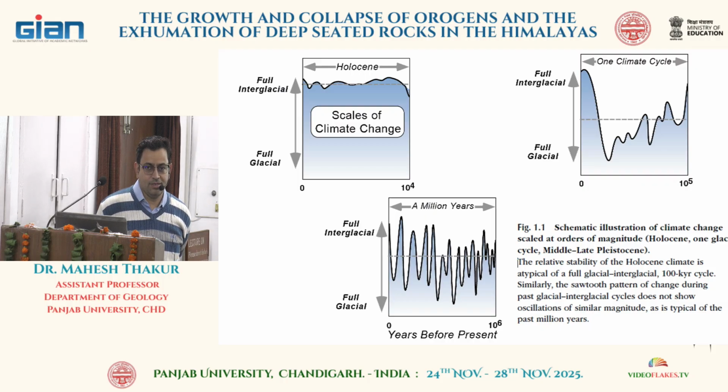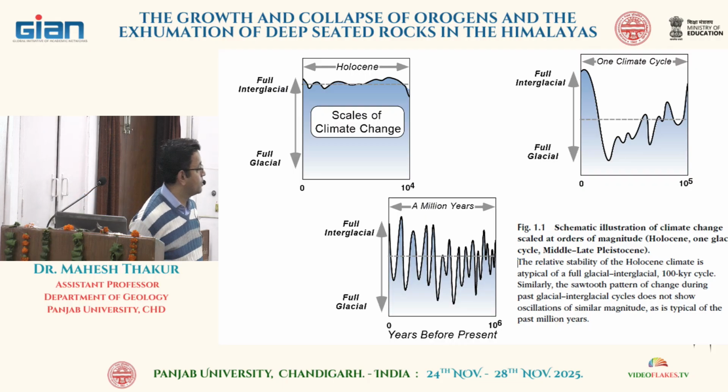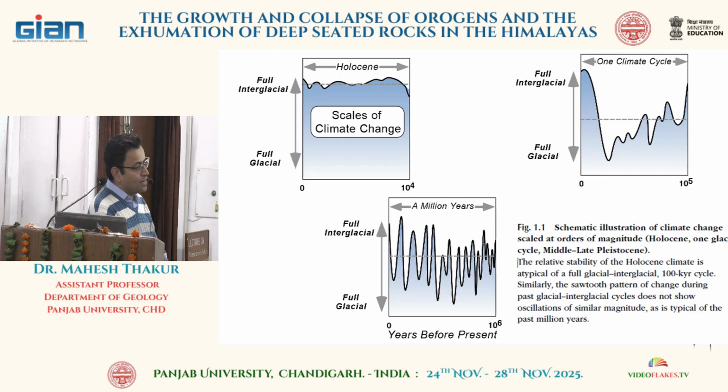Yes or no? No. Why can we not study the climatic variation? Because the sediment has only seen the climate of the fully interglacial period. It has not seen the complete cycle. So those sediments were only deposited during the erosional processes which happen during the fully interglacial period, right?